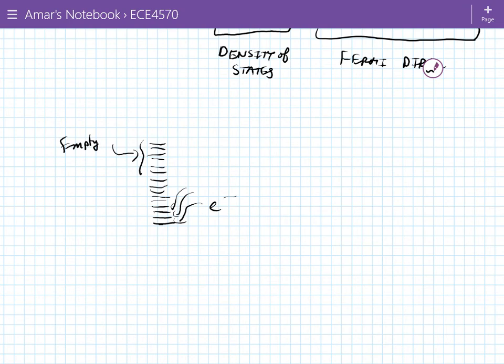A lot of these will become full, depending on how many electrons you have. This dividing line between the full states and the empty states is what's called the Fermi level. We call this EF.